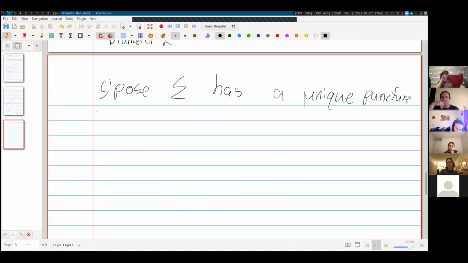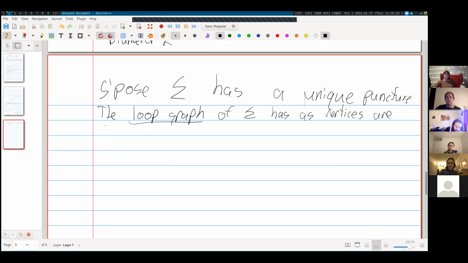So the loop graph of sigma is the graph whose vertices are isotopy classes of loops terminating at the puncture.